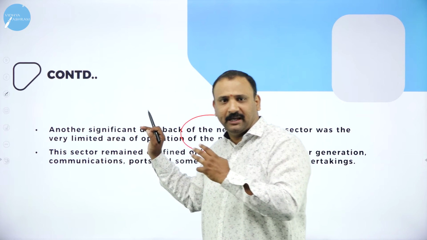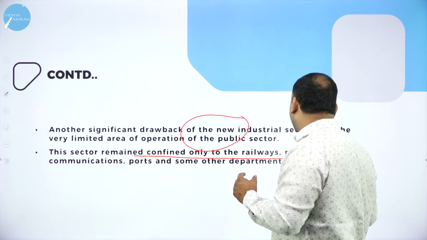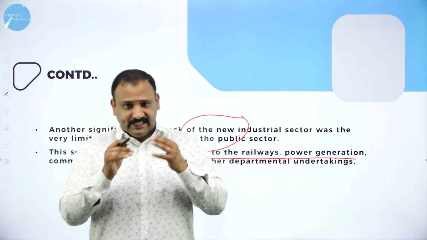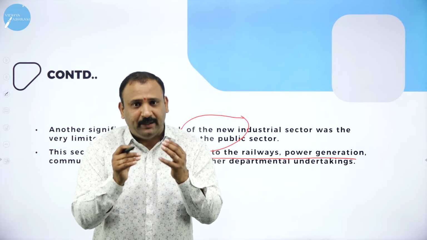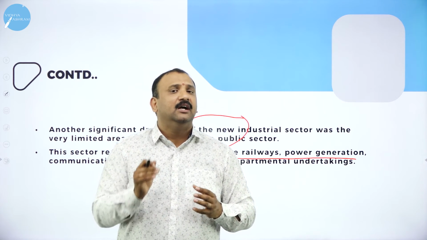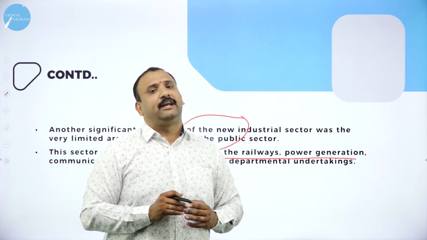So this is very, very important for all of us. This sector remained confined only to the railways, power generation, ports and other things. So as I've told you, these are the sectors which were being controlled only to a limited area altogether, and they were trying to make a contribution in terms of economic growth.